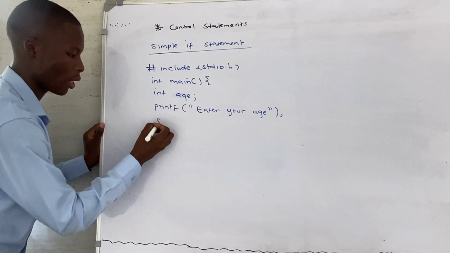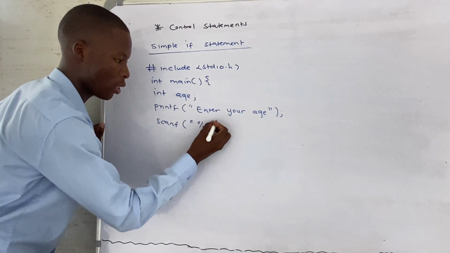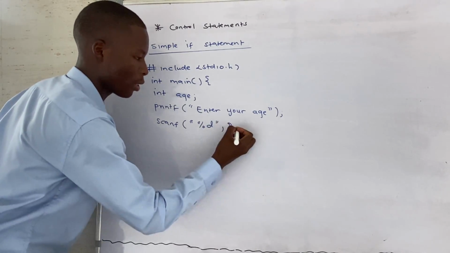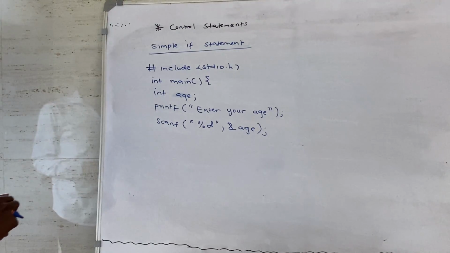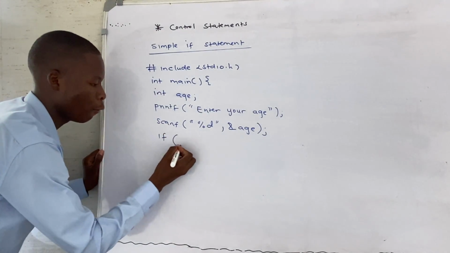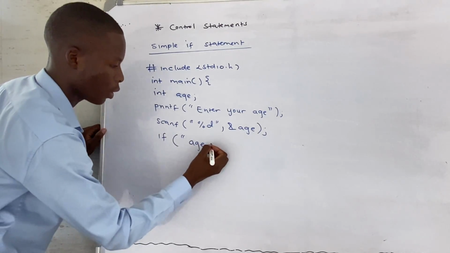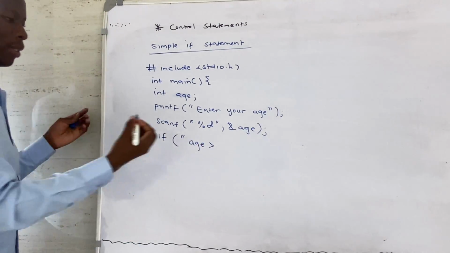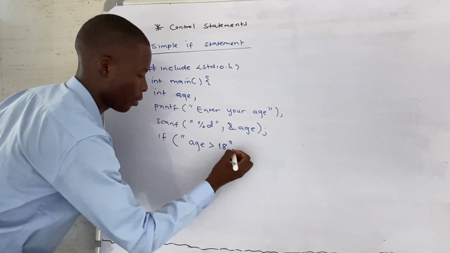Here I'm going to write scanf("%d", &age). After this I'm going to write if age is greater than 18.